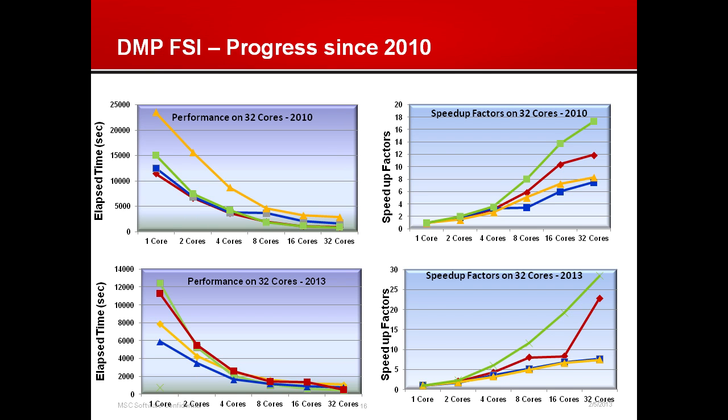Looking at the elapsed times, for example, some jobs that took about 23,500 seconds on a single core in 2010 took only about 7,800 seconds with version 2013, almost 1/3 of the time. We were also able to improve the speed up factors from 17x to 28x with 32 cores in 2013.